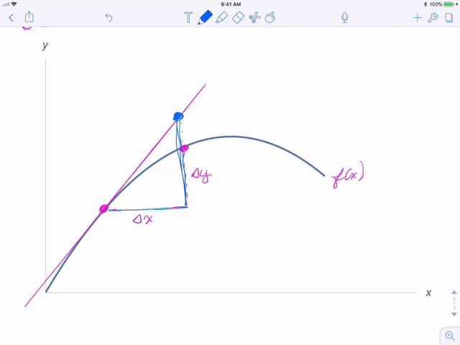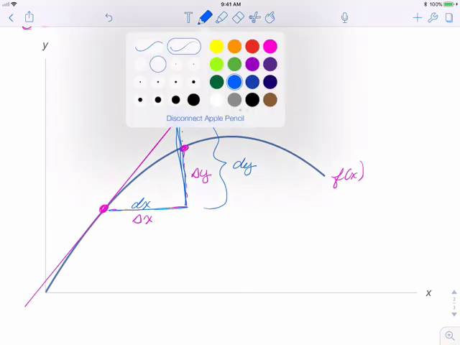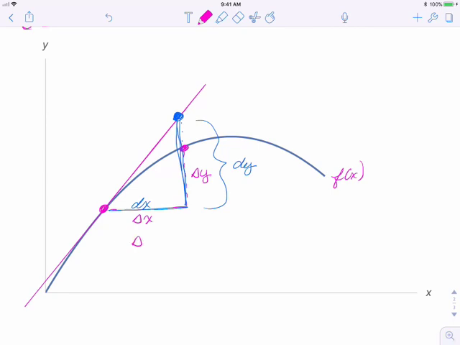In terms of the tangent line, the horizontal distance is denoted as dx, and the vertical distance is denoted as dy. Delta x and dx are the same, that distance is identical, but delta y is approximated by dy. So the change in x is the same, it's the change in y that is approximated.